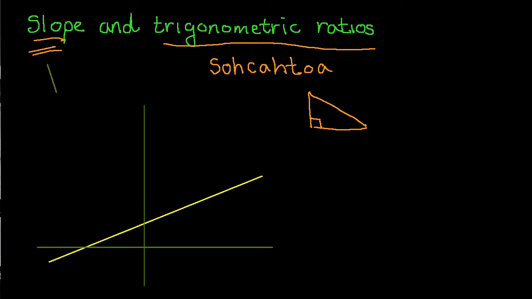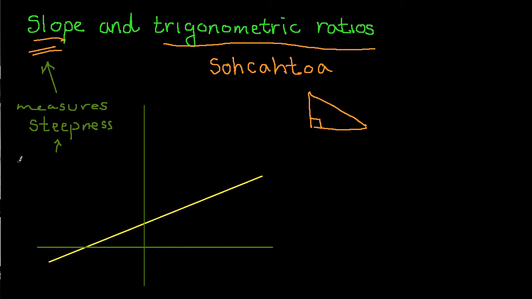Okay, now what I want to point out to you is slope. Slope measures steepness. So the thing about a line is that the steepness never changes anywhere on the line. That's pretty much the definition of a line.